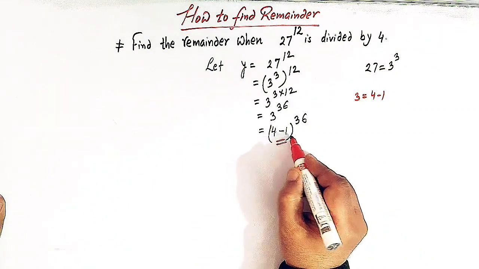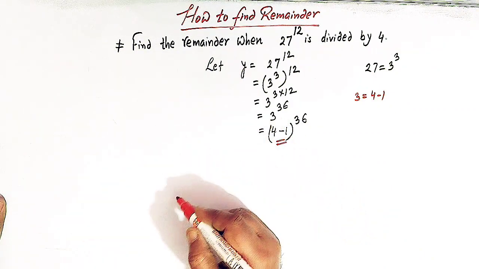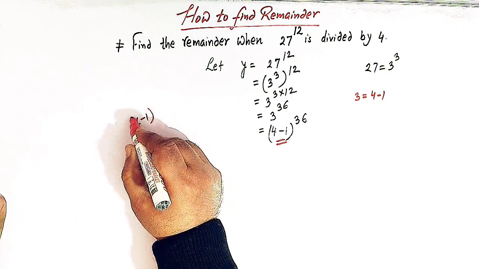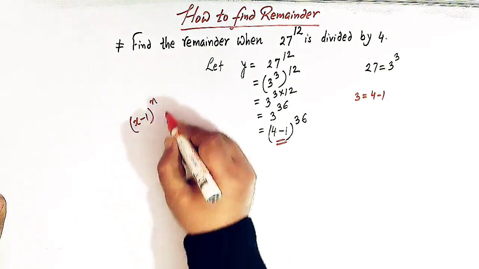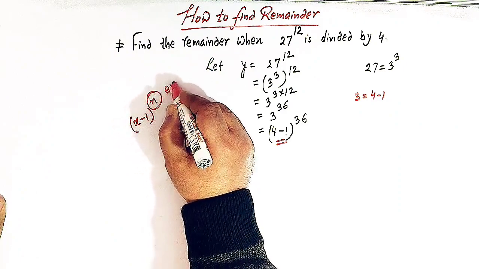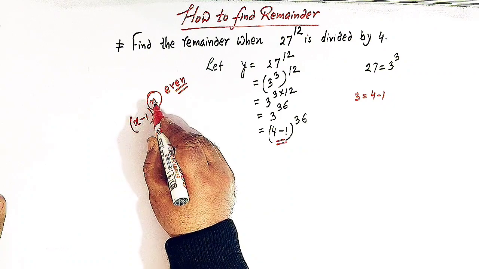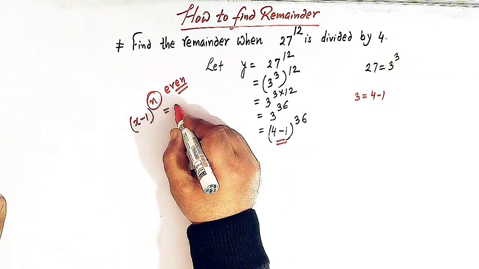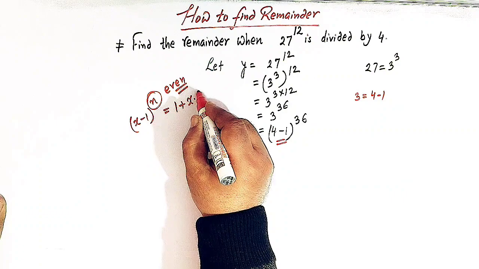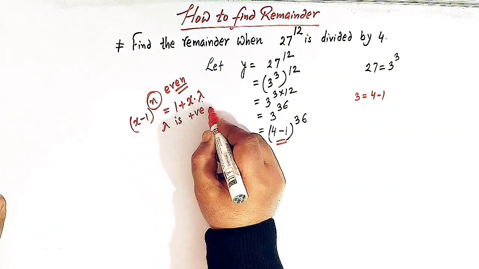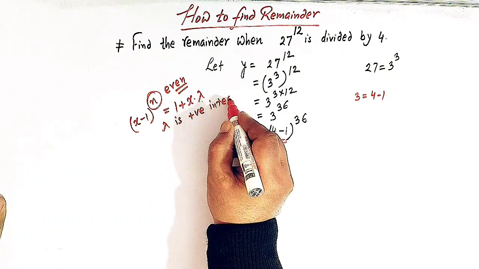So now here I will make use of another concept, and the concept says that if we have x minus 1 raised to n and this n is an even positive integer, then x minus 1 raised to n can be written as 1 plus x times lambda, where lambda is some positive integer, right?